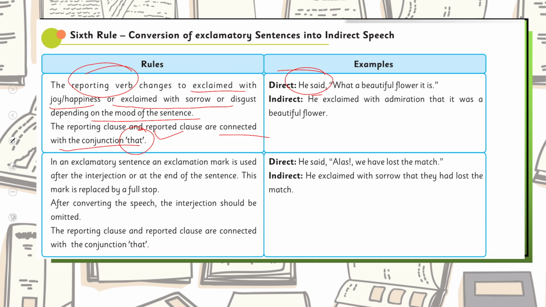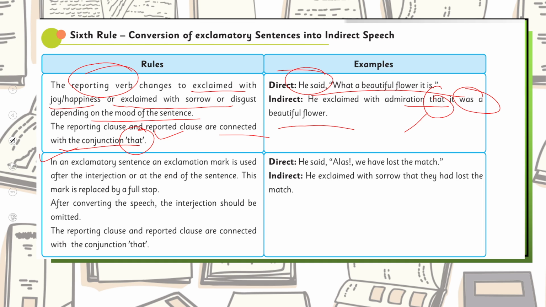He said, what a beautiful flower it is. He said will become, the reporting verb will become exclaimed, because this is all about mood and expression and showing feeling and disgust, etc. He exclaimed in a very loud voice with admiration that it was a beautiful flower. So that is also used, and then you convert it into the past form.